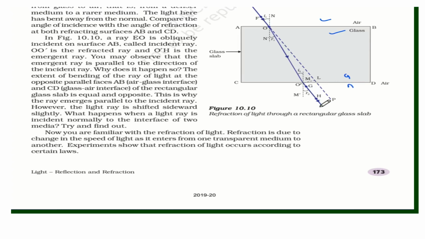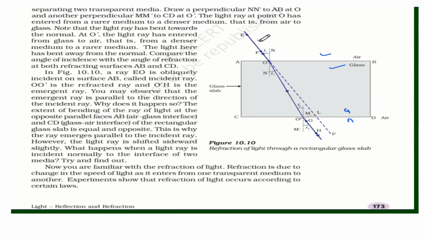This is called the incident ray, this is called the refracted ray, and this is called the emergent ray. Now if there is no refraction, then light will come along this path, and this will be parallel to the emergent ray.